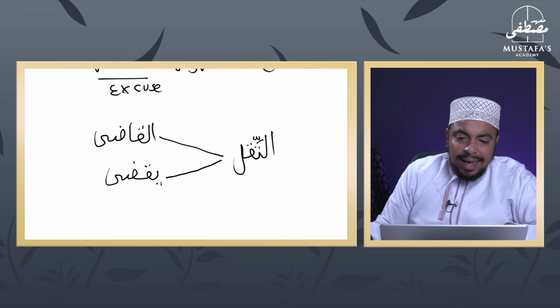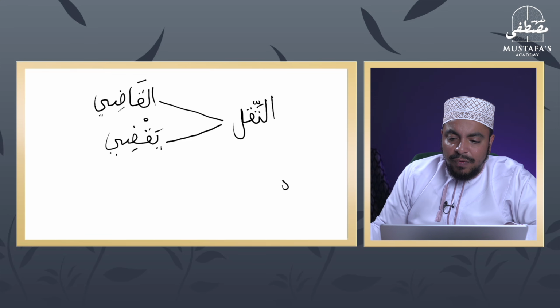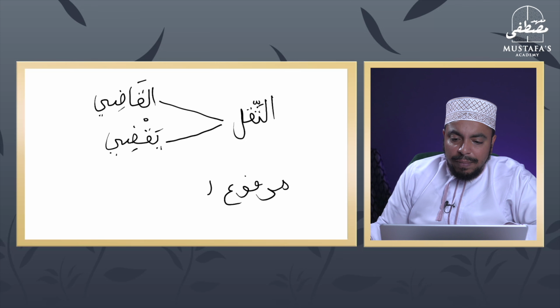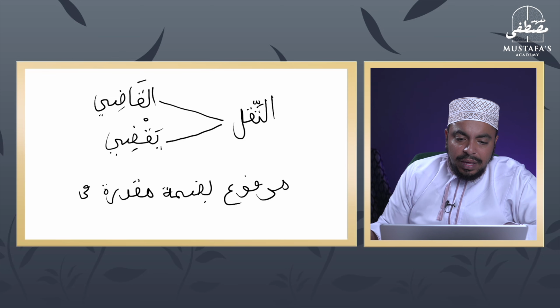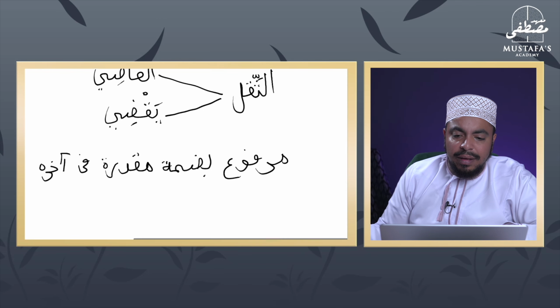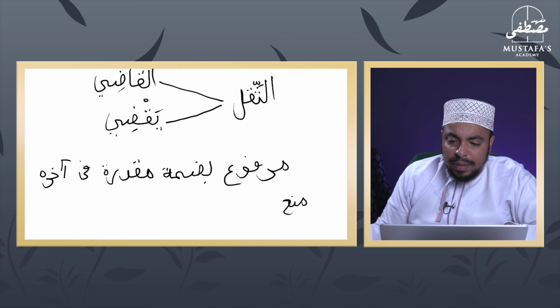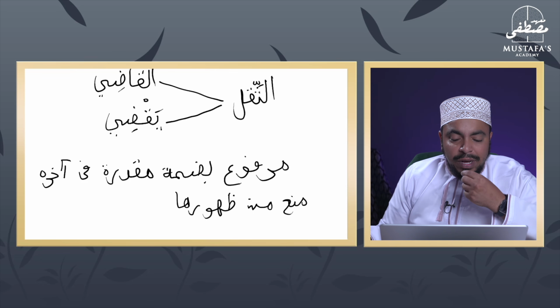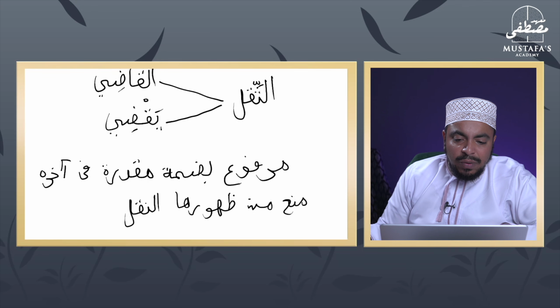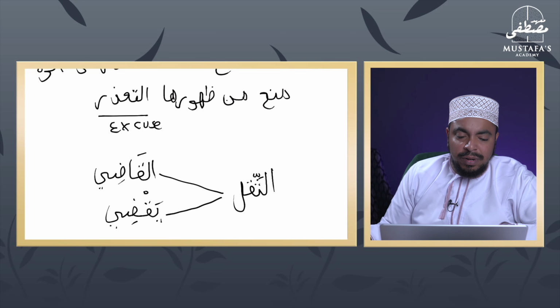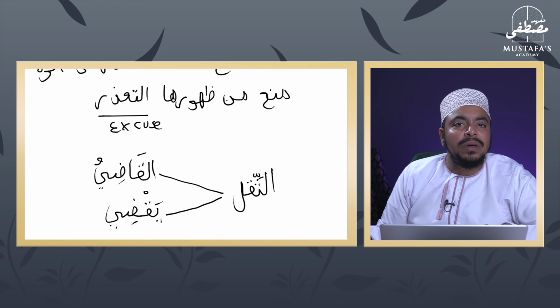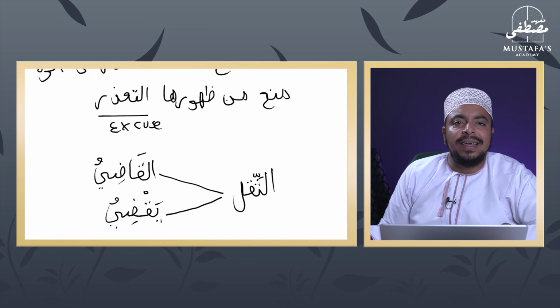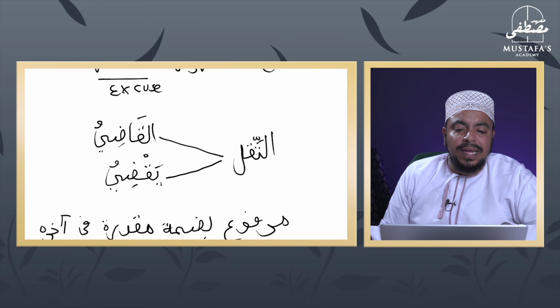So let's assume القاضي يقضي in this case. This one you would say مرفوع بضمة مقدرة في آخره منع من ظهورها الثقل. What stopped the dhamma from becoming manifest? Heaviness, difficulty. Difficulty on what? Pronunciation. You can't say al-qadiyu, it doesn't make sense. The Arabs never said that. يَقْضِيُّ, you can't say that even. Nor can you say yaqdiyu, you can't say that.